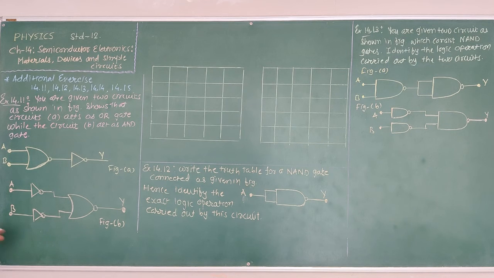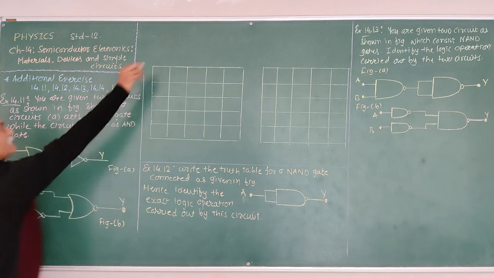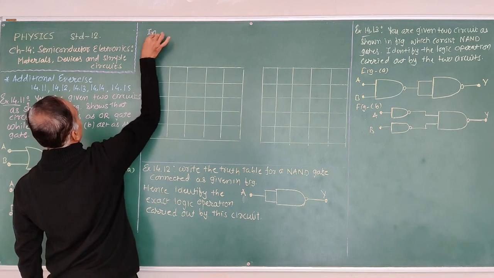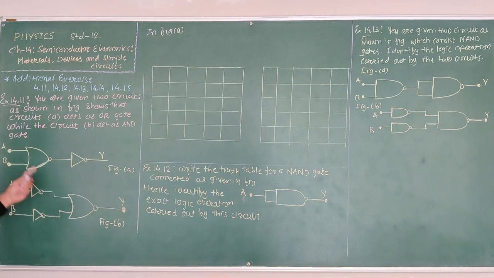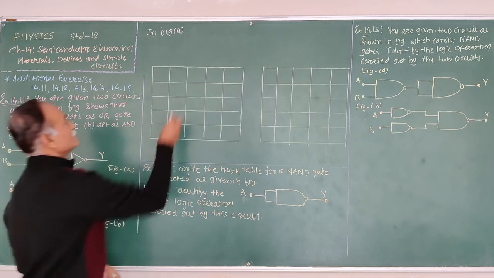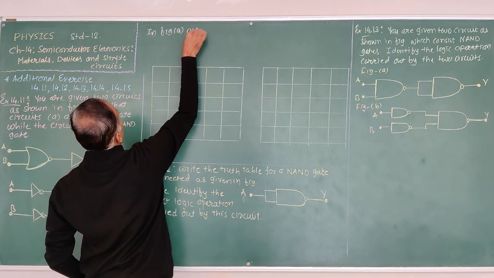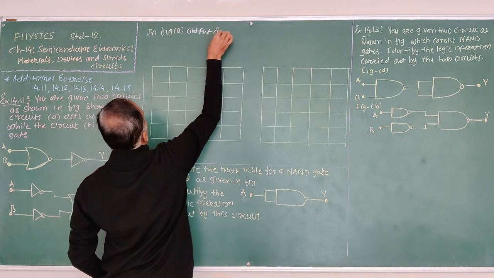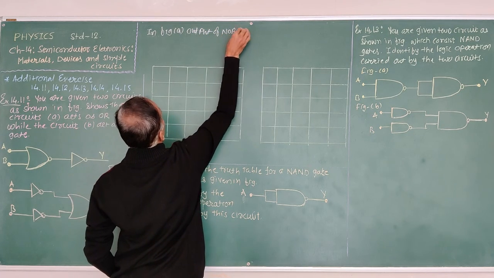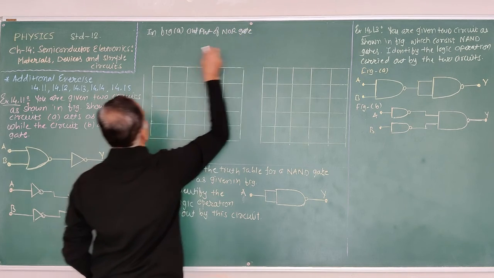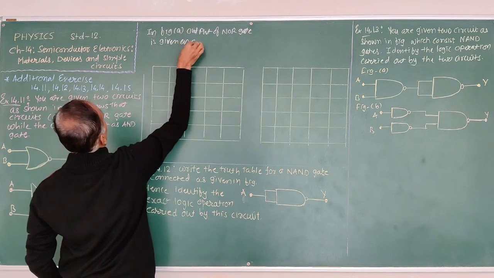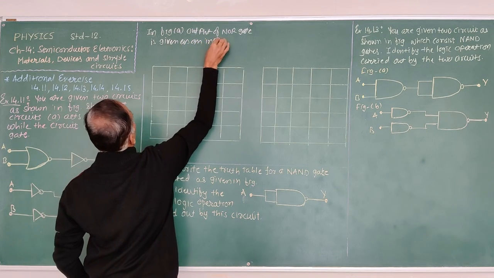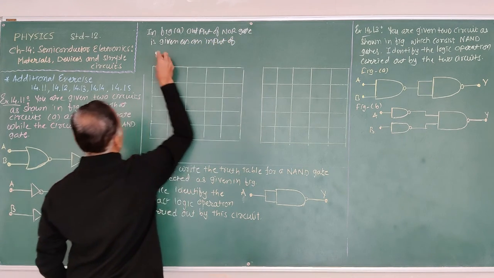In figure A, the output of the NOR gate is given as the input of the NOT gate.